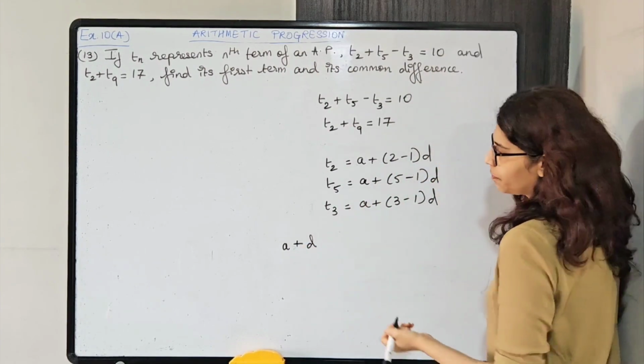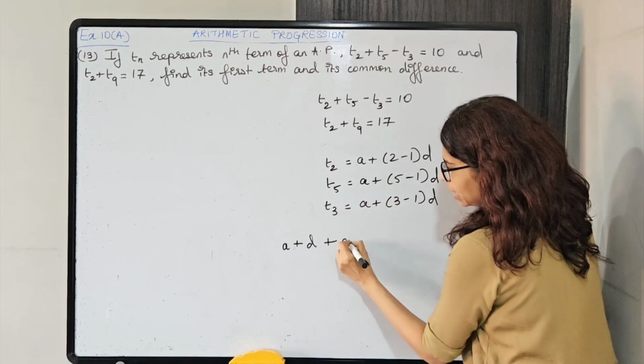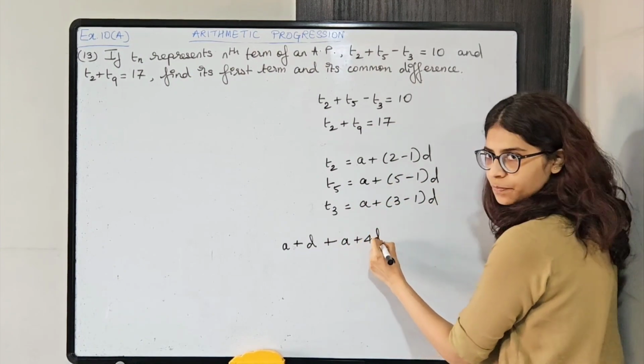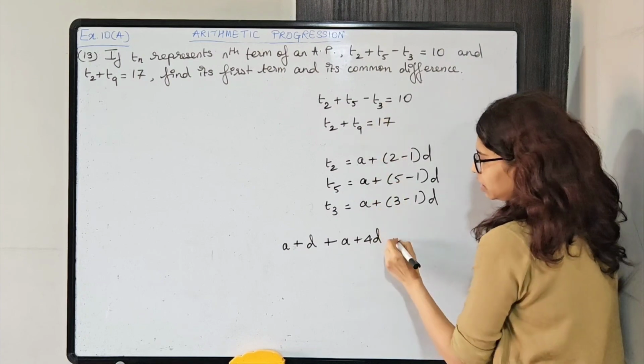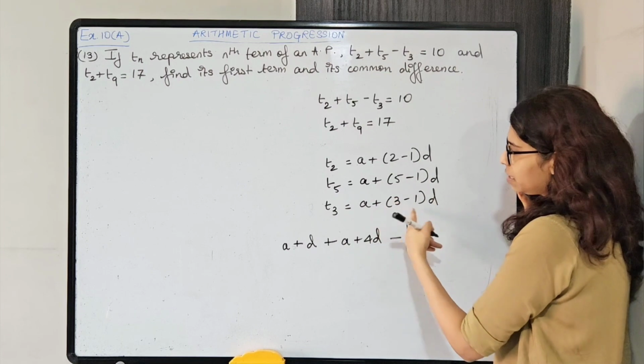Okay, that is d. Plus t5 है. So t5 is a plus 4d. Okay. Minus t3. So minus brackets put करेंगे. t3 is a plus 2d.